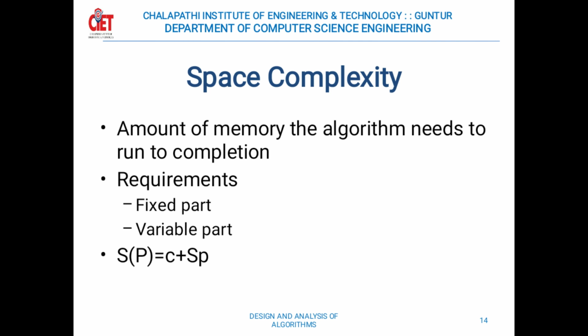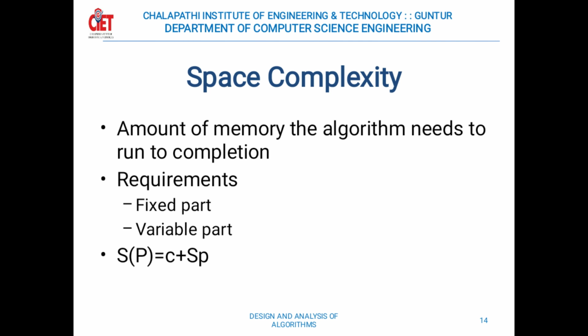The fixed part does not depend upon instance characteristics of the algorithm and its size does not change during the execution of the algorithm. Variable part, as the name implies, has a size that changes during the execution of the algorithm and it depends upon instance characteristics of the algorithm.